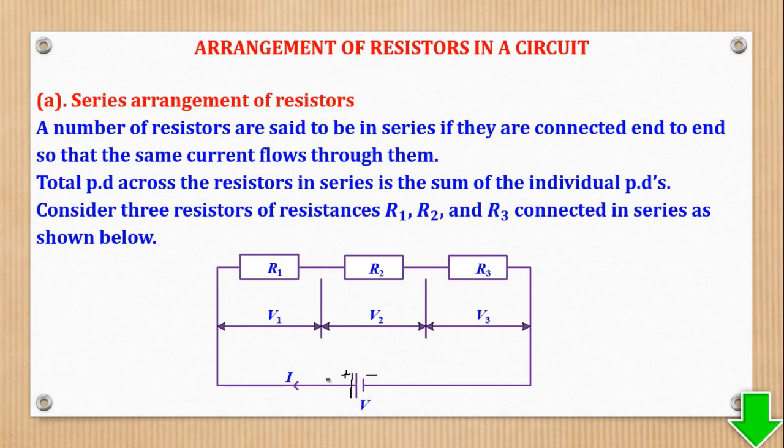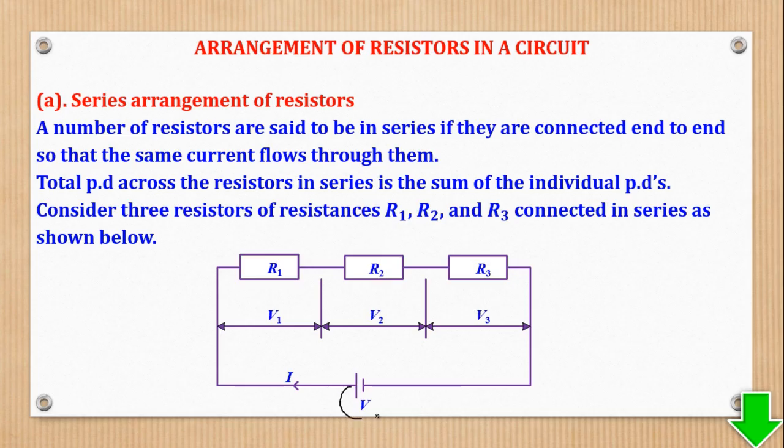Therefore, current flows from the positive through the resistors and back to the negative terminal. That is why you are seeing this current here. If you put that direction on this side, it will not be okay because it will be opposing the rules of polarity. Here, R1 has a PD V1, R2 has a PD V2, and R3 has a PD V3 across them.